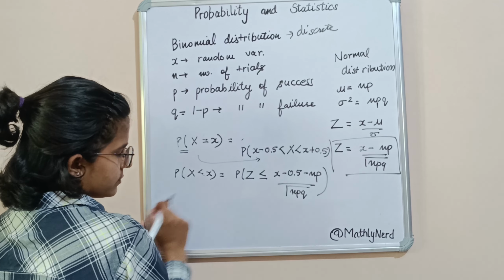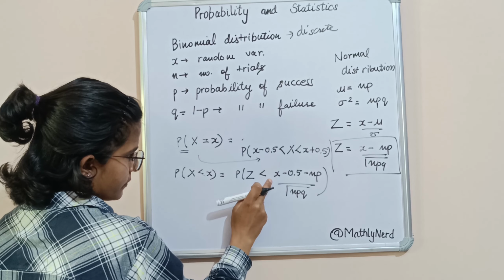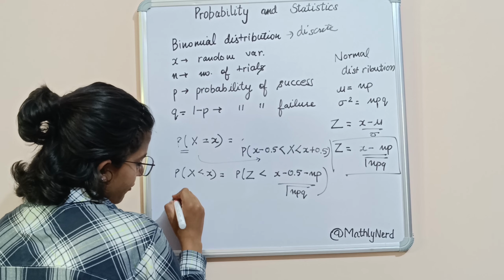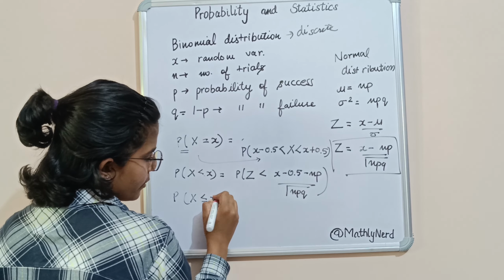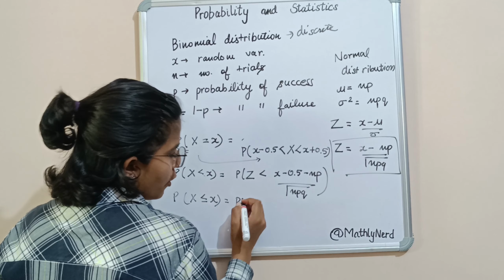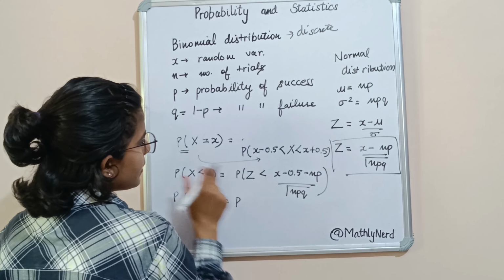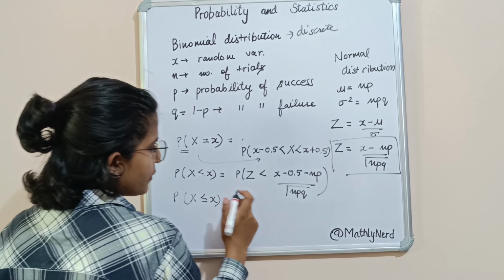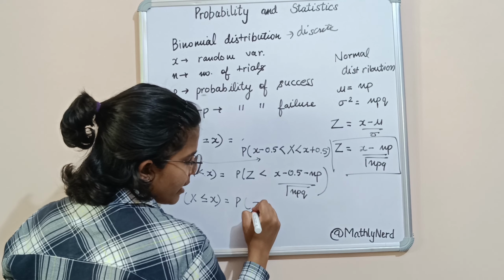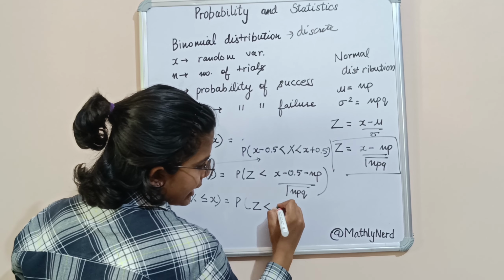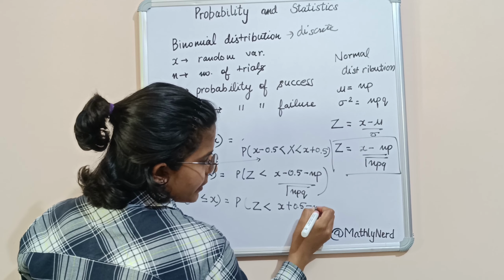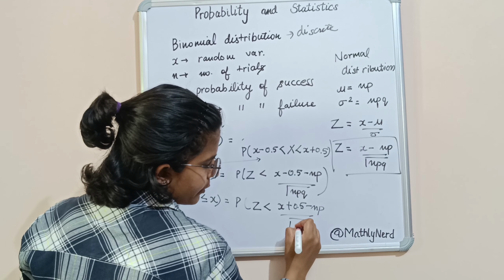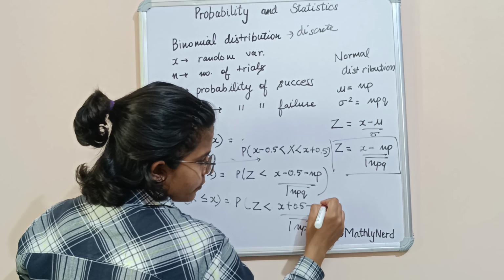And if we want to find out the probability of X less than or equal to x, then this will be equal to this probability plus the probability of X equal to x. So this will be equal to the probability of z less than x plus 0.5 minus np divided by under root npq.